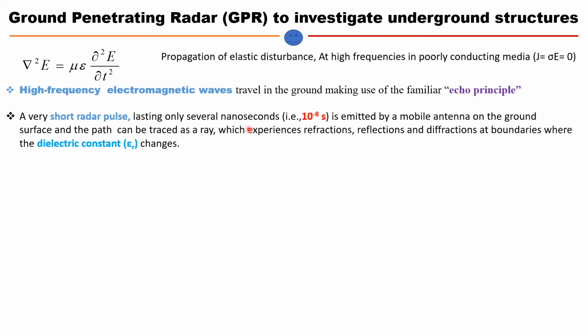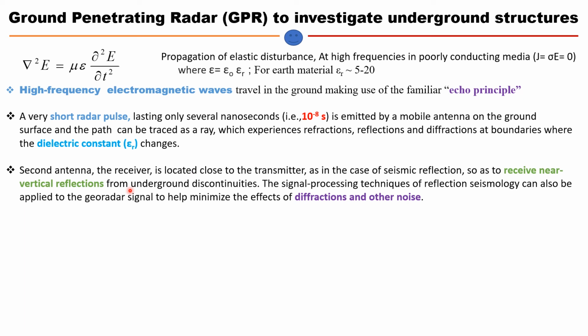In the experiment, a very short radar pulse, up to 10 to the power minus 8 second, is emitted from a mobile antenna kept on the ground, and the ray experiences reflection and refraction at places where the dielectric constant epsilon r changes in the ground. For earth materials, the dielectric constant varies from 5 to 20. This is a unitless quantity, epsilon by epsilon 0.